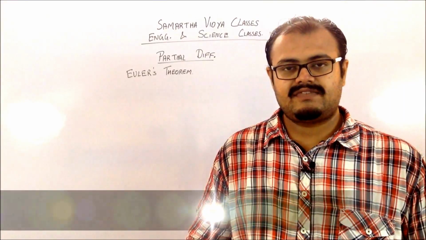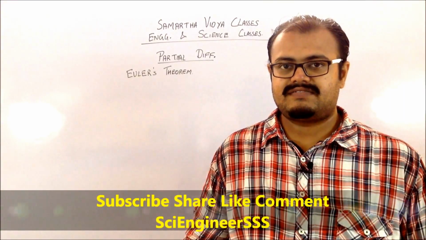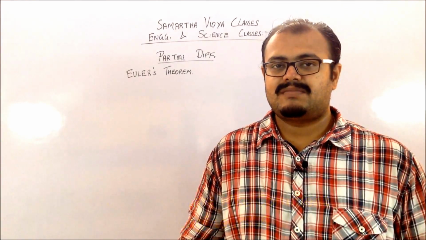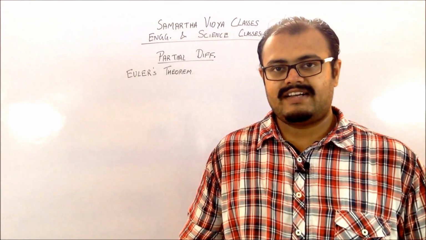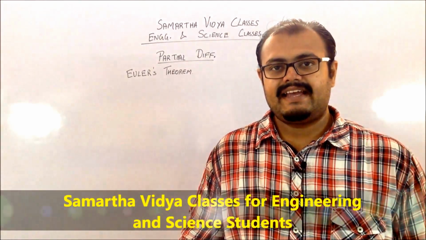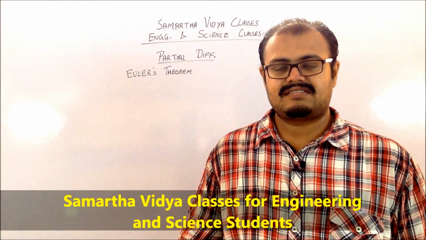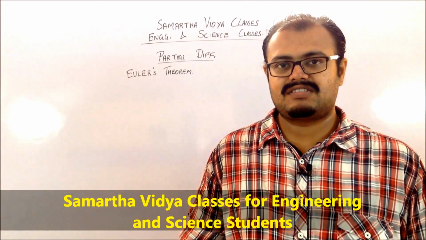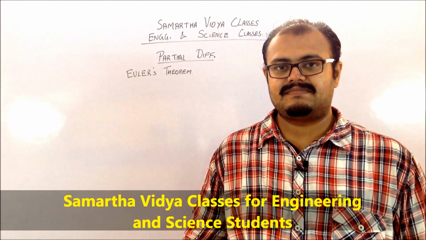So we are continuing with the topic which is your Euler's theorem, which comes under your partial derivative module. In this theorem you have to remember that you are only allowed to apply Euler's theorem in case of homogeneous functions. If the functions are homogeneous, then only it is possible to apply this particular theorem.